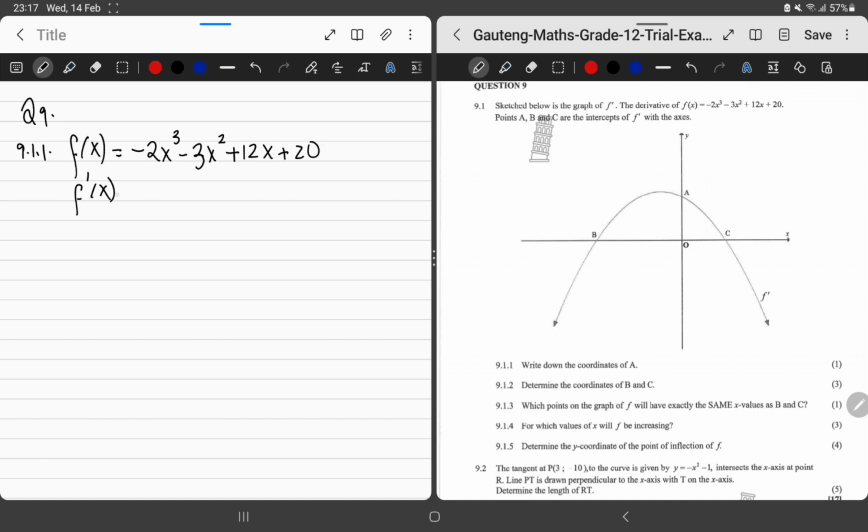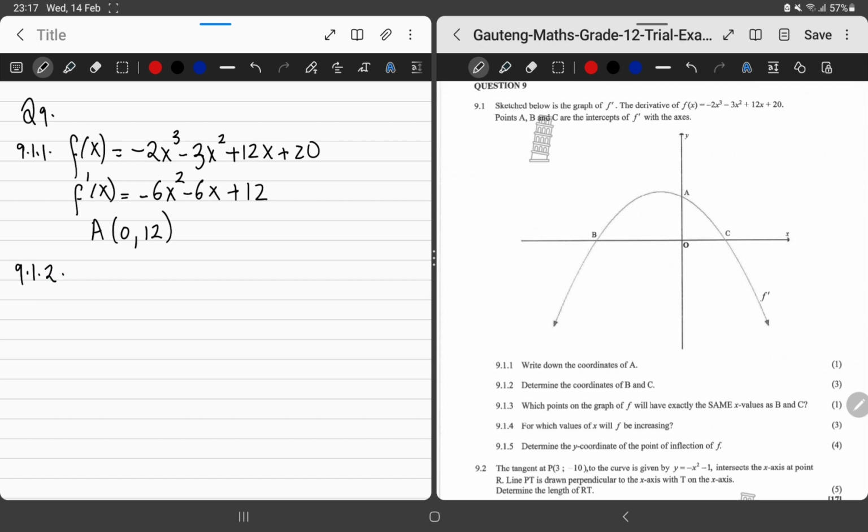The derivative of f is given by -6x^2 - 6x + 12. And then for the y-intercept, we set x equal to 0, and we're left with 0 and 12. So the coordinates of A will be (0; 12).